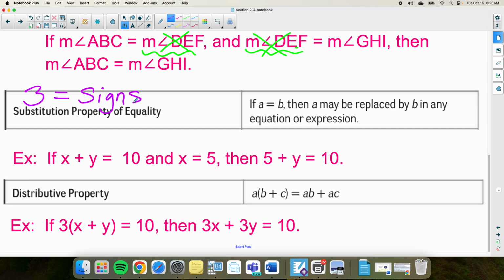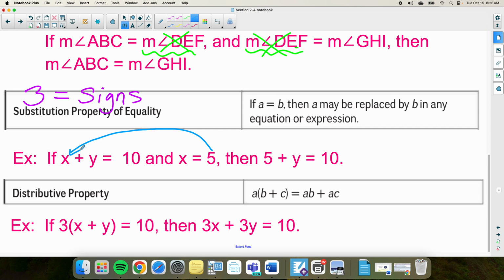This one is not transitive because the ending of the first and the beginning of the second are not the same. So what we do then in this one, it's not transitive, so we're going to use substitution, just like you guys learned in algebra class. Do you guys get if x equals 5, that you could pick this x out and put 5 in there?